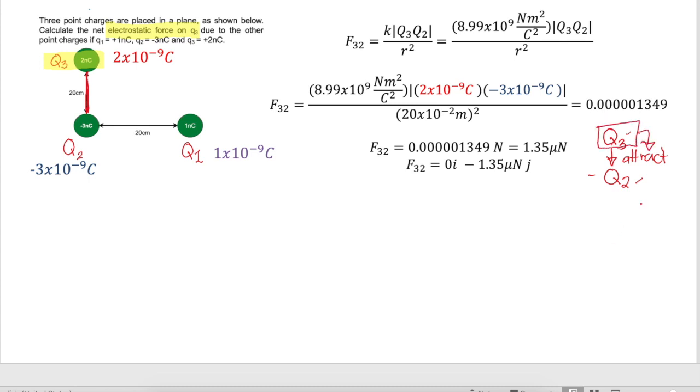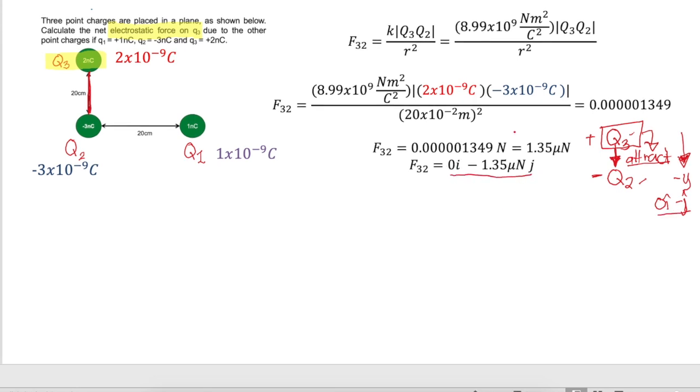The force felt by Q3 is attraction because this is a positive and this is a negative charge. Therefore, it's going to the south, and that is the negative y-axis, which means a negative j hat with a 0 i hat.